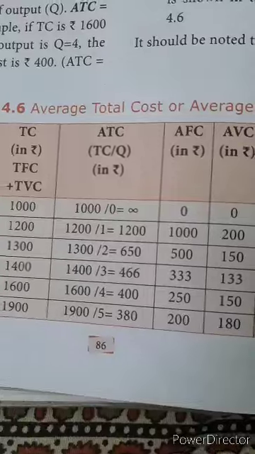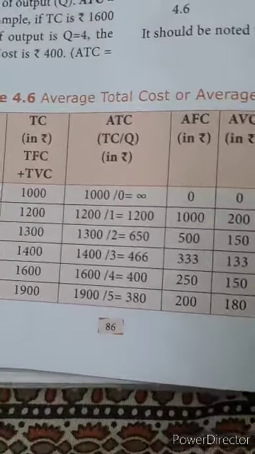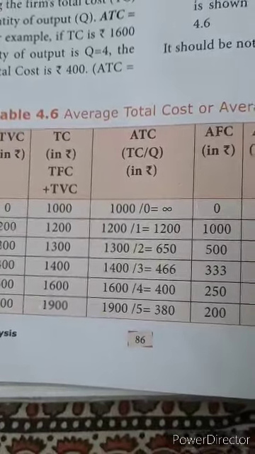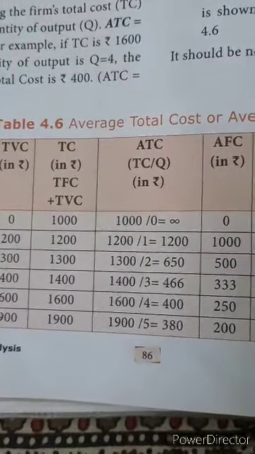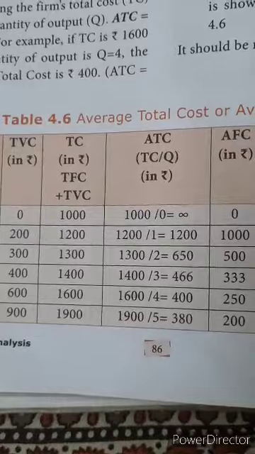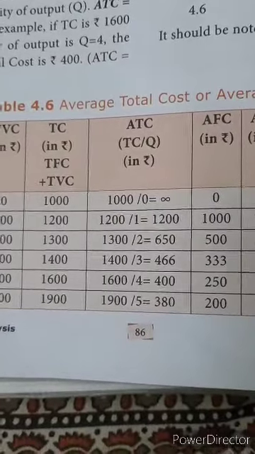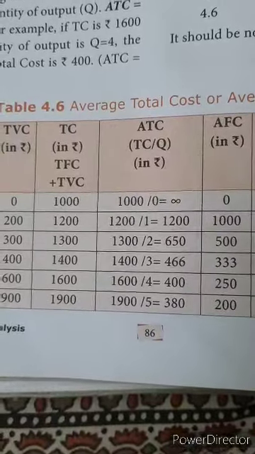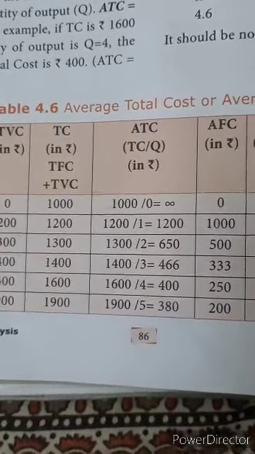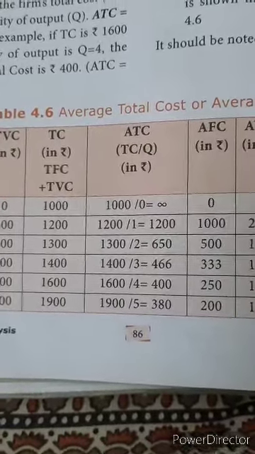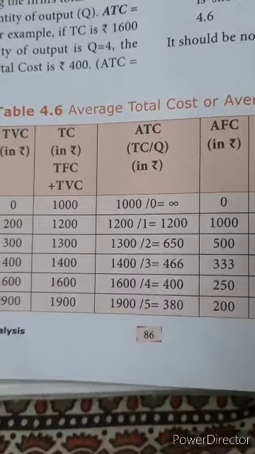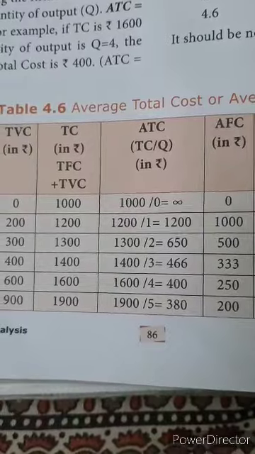And then they are going to calculate the average total cost. Average total cost, how will you calculate? The total cost divided by quantity. See, in the previous column they have given the total cost: 1000, 1200, 1300, 1400, 1600, 1900. Now we calculate the average total cost, that is TC by Q. First one, 1000 by 0, infinite.